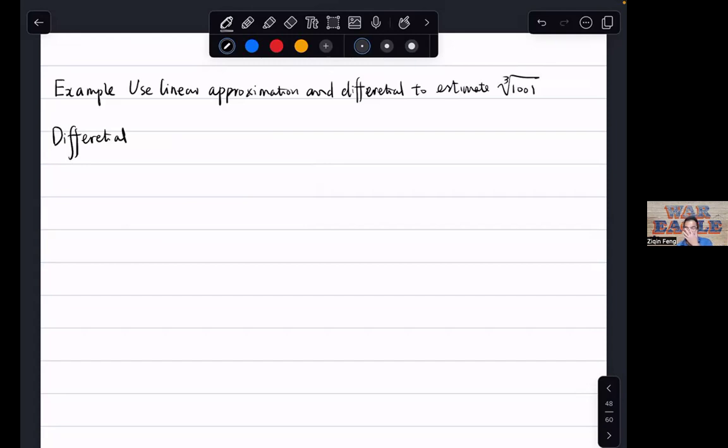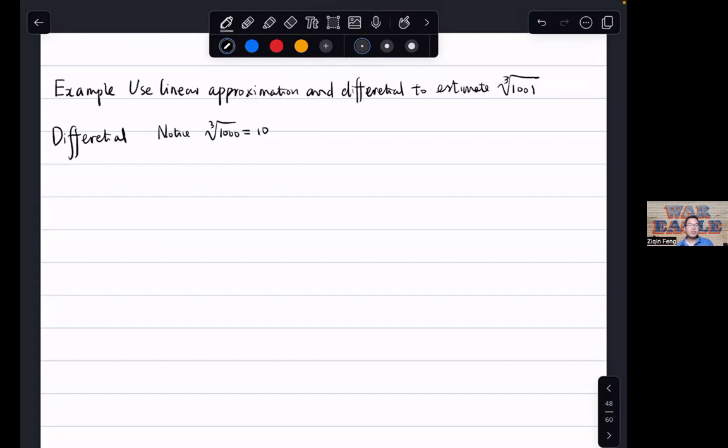Right, now you can see that this number is very close to the third root of 1000, which is very easy to evaluate, right? So we notice the third root of 1000 is 10. So imagine you have a function which is the third root of x.